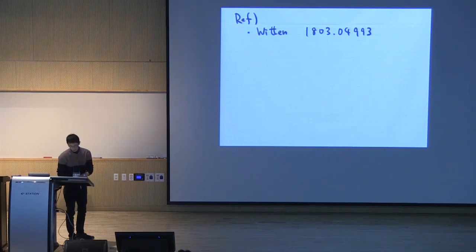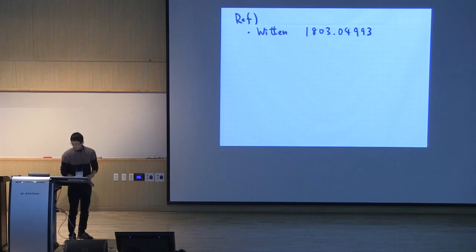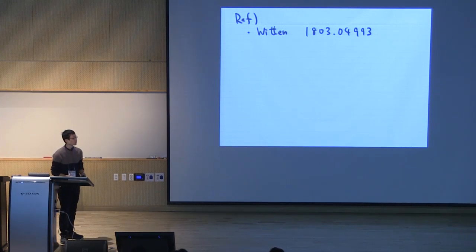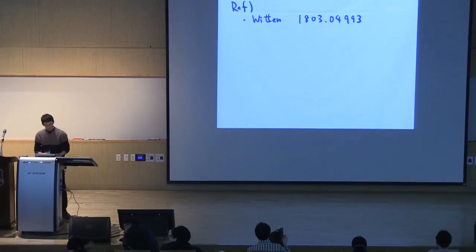Basically I followed his lecture notes today. If you are interested, you should take a look at his review paper, where you can also find the details of Tomita-Takesaki theory. So maybe I finish here, and tomorrow I will continue to discuss quantum entanglement in QFT, especially using the path integral. Thank you very much.